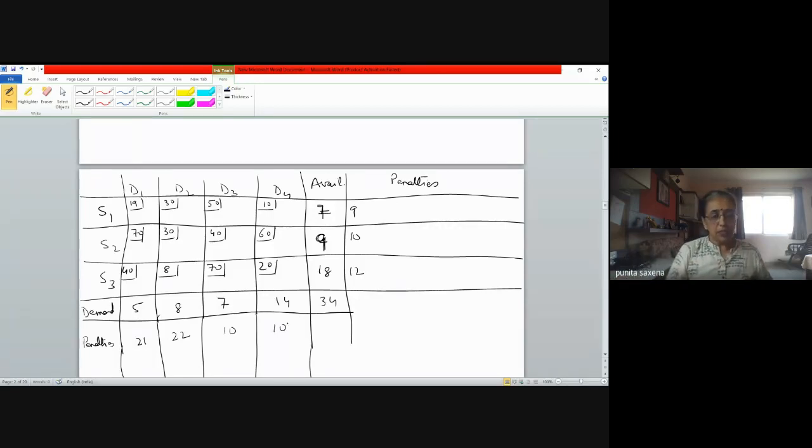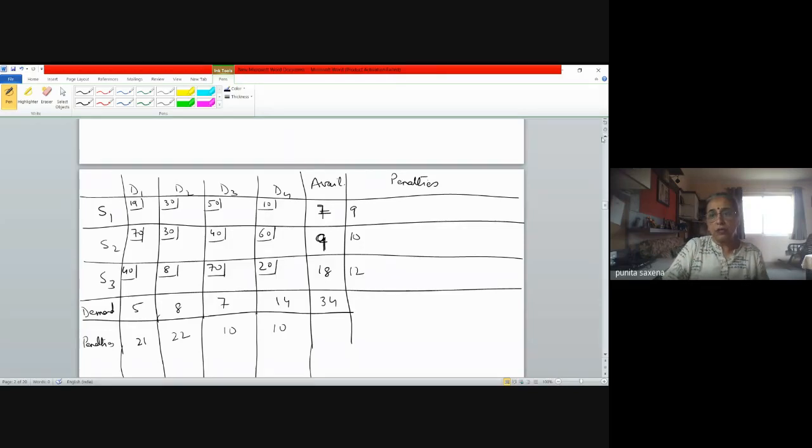Okay. So this is your first step where we compute the penalties. Now, the next step is to choose that row or column that has the maximum penalty. That is your step number 2.